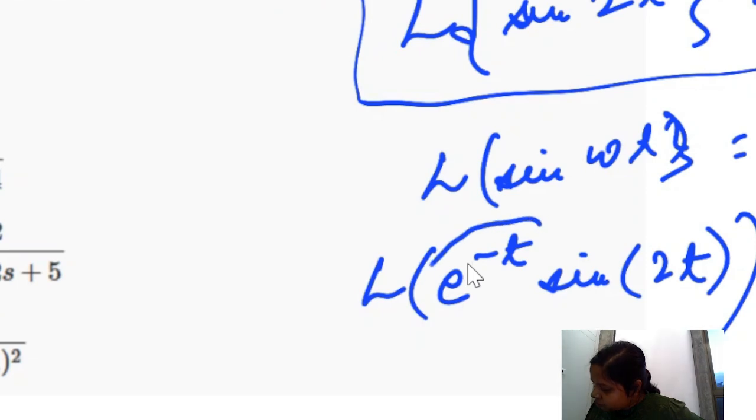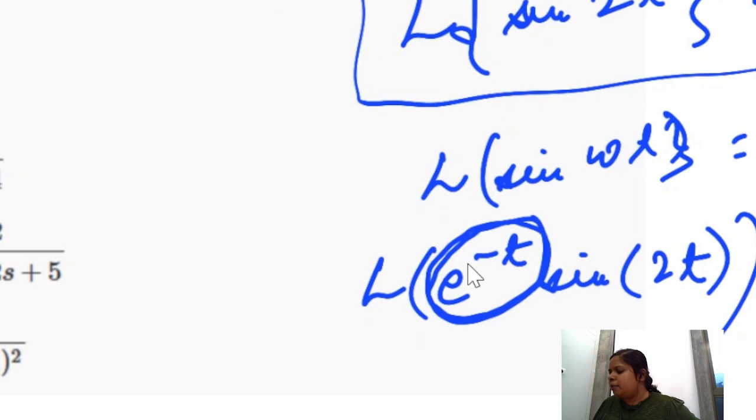When this term is multiplied, can you check the table and tell me what changes have to be made in this? s replaced by s plus 1, madam. Right. So it would be 2 upon (s plus 1) whole square plus 4.